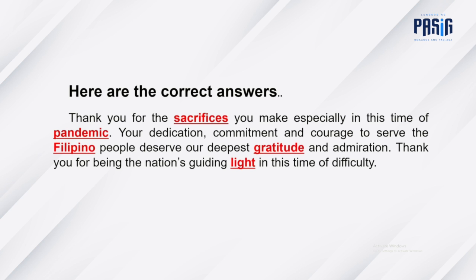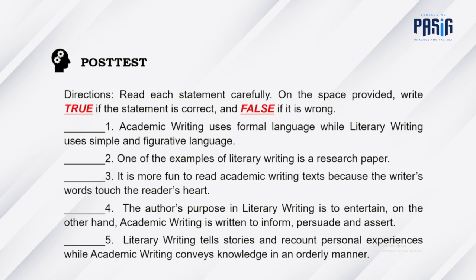Let us now measure how much you have learned from today's lesson by answering the final activity. Directions. Read each statement carefully. On the space provided, write true if the statement is correct and false if it is wrong.